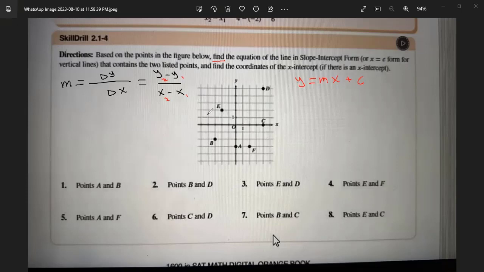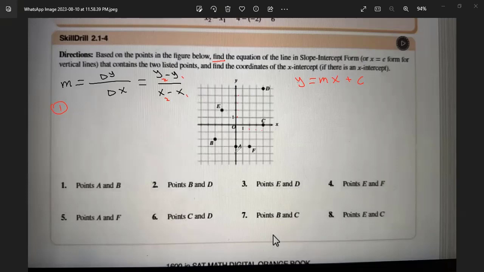Let's show the first question. Number 1 here, we have point A and point B. Before we start, we have to check the scale. The scales are one step vertically and horizontally, means 1, 2, 3, 4, 1, 2, 3, 4, up and down, right and left. So it's a very easy scale.